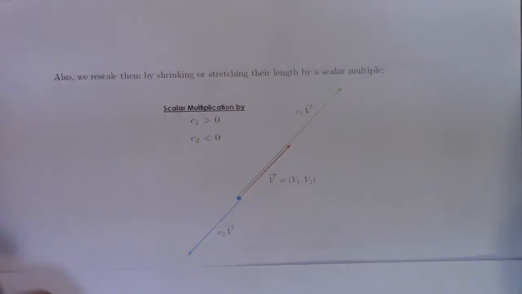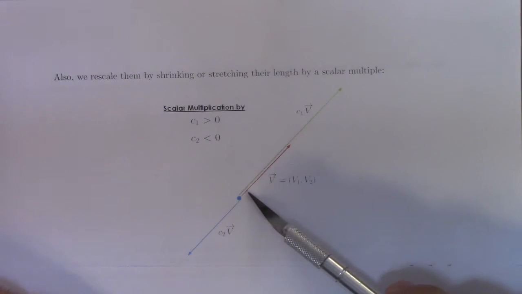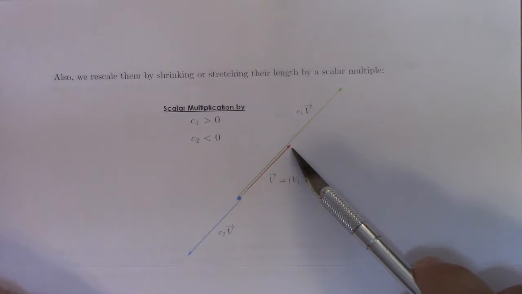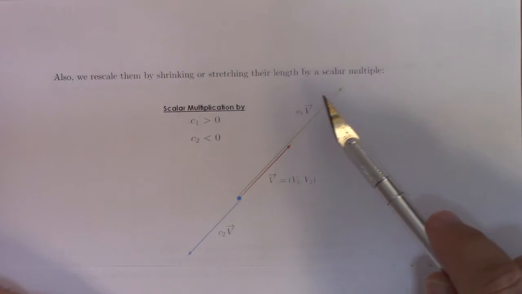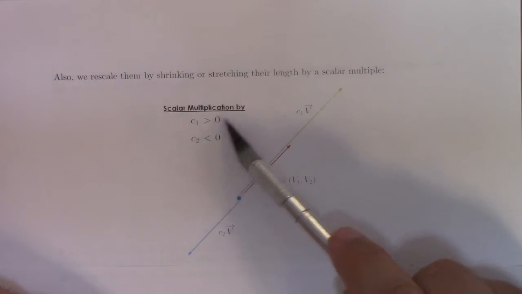We have scalar multiplication. If you want to think about it geometrically, here's the vector v in red, and then if you have c1, I see c1 greater than 0, but actually from my picture, c1 would be greater than 1.